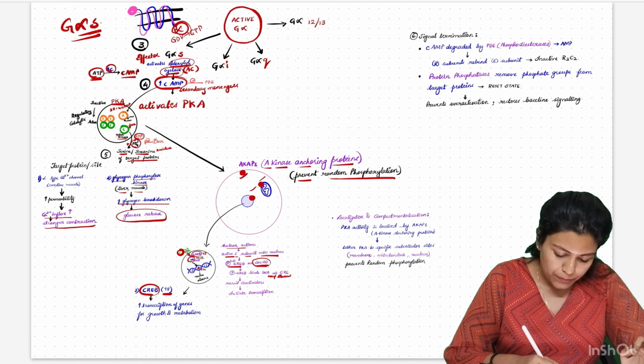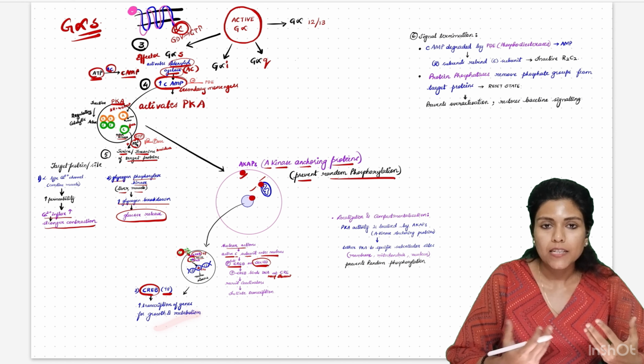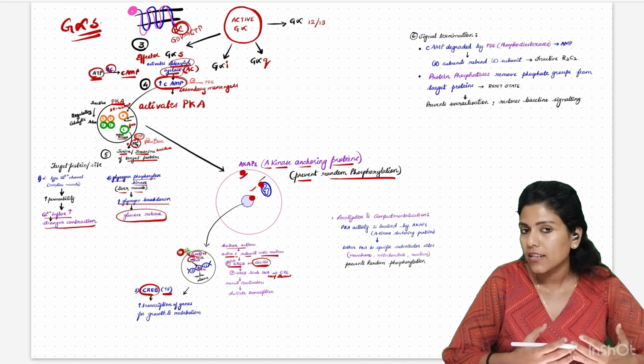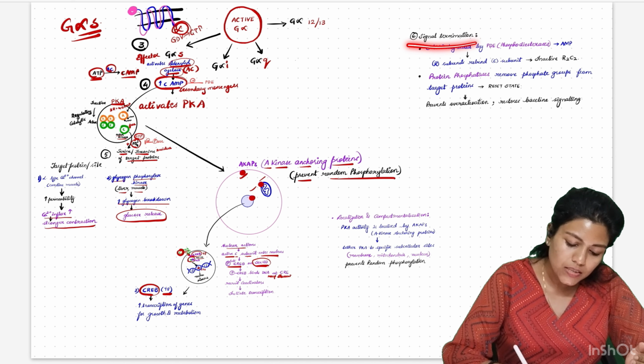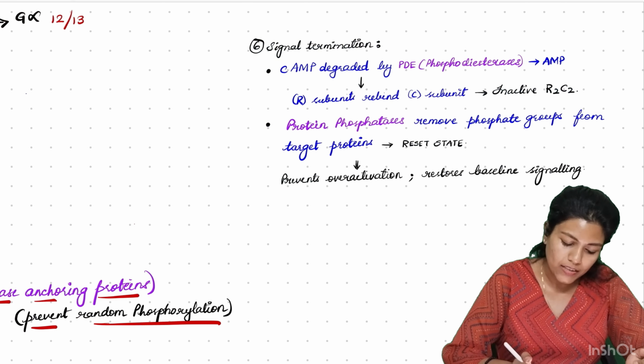After the final outcome, whether this transcription of genes, or this contraction, or the glucose release, whatever the final actions have to be delivered, after being delivered, now the signal has to be terminated to prevent overactivation.